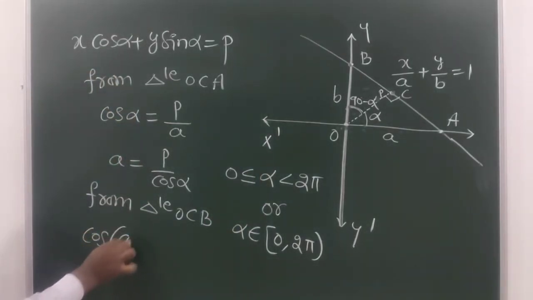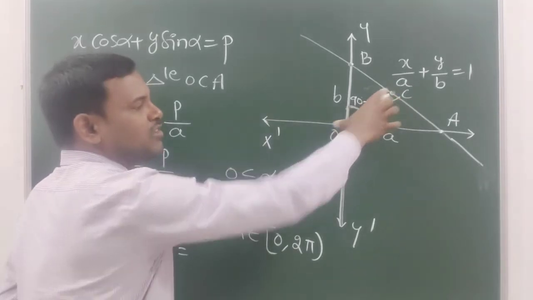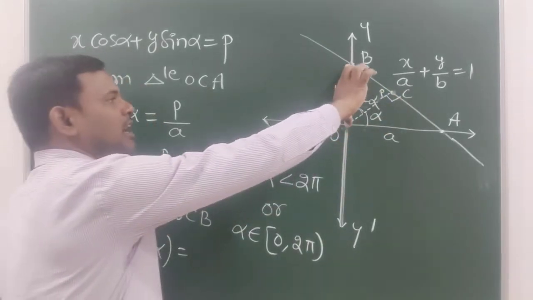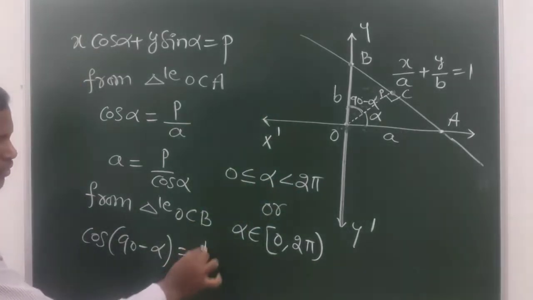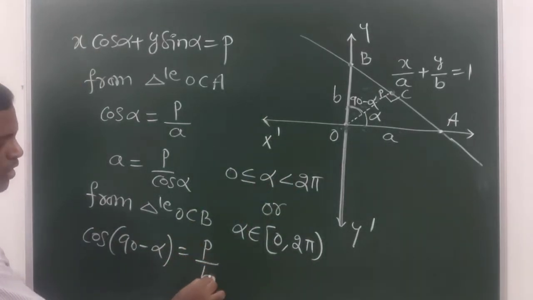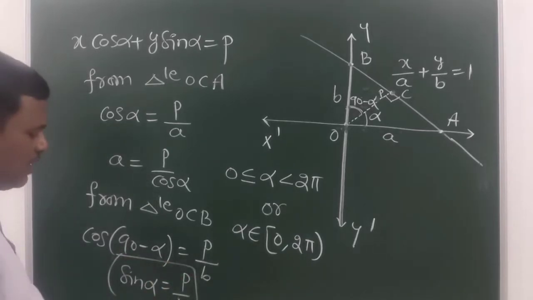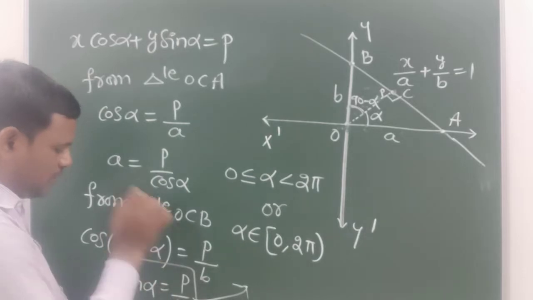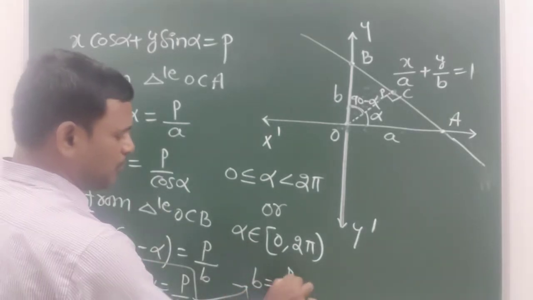Here OC is the adjacent side and OB is the hypotenuse, so we get p by small b. Cos of 90 minus alpha equal to sin alpha, which is equal to p by b. Making b the subject, we get b is equal to p by sin alpha.